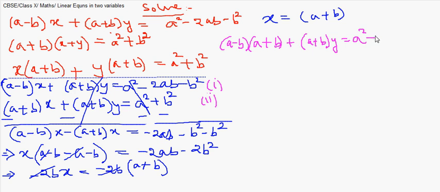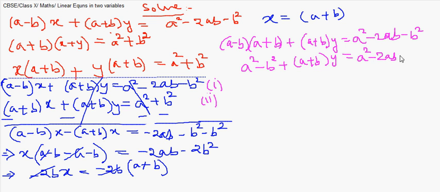a square minus 2ab minus b square. So this is giving us, if we remove the bracket, a square minus b square plus a plus by equals a square minus 2ab minus b square.